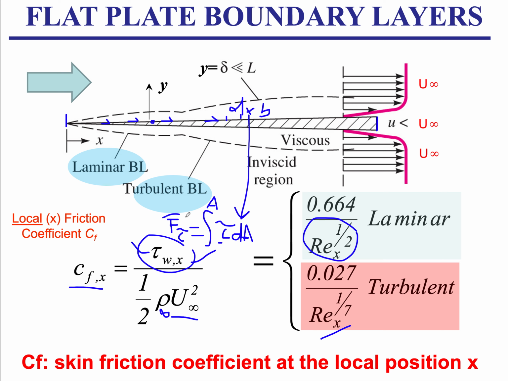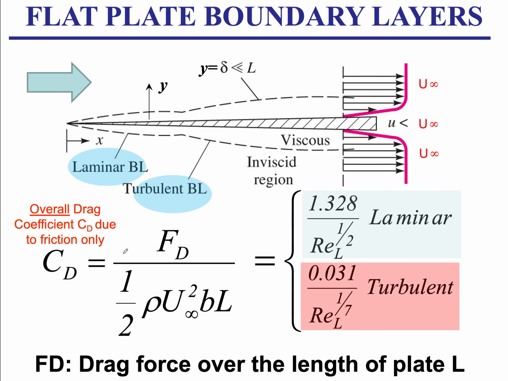And you get the total friction force on this flat plate, which we will call just drag, the F drag. And this F drag is reported here in terms of the drag coefficient. So we've already included the effect of the b times L. We divide by bL and the dynamic head, half rho U infinity squared.